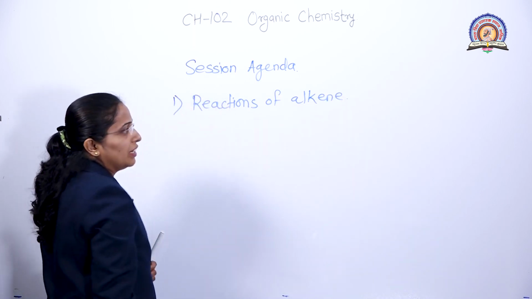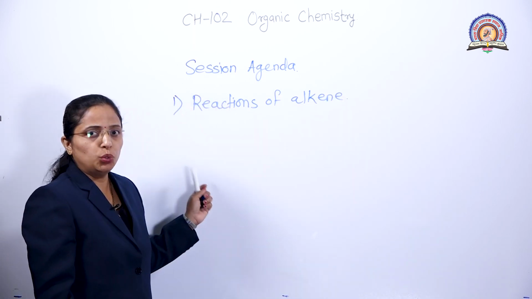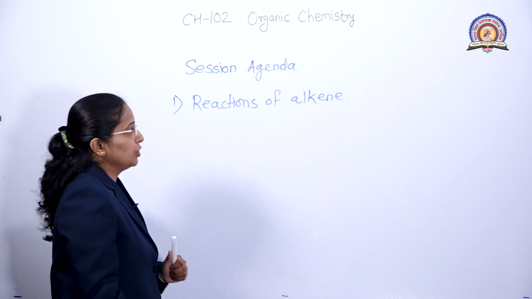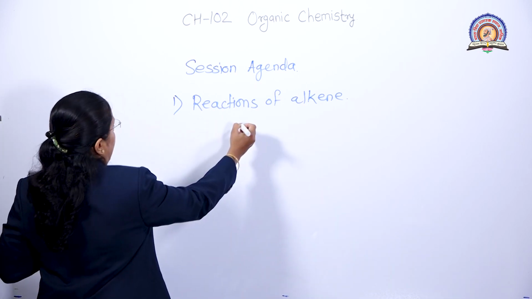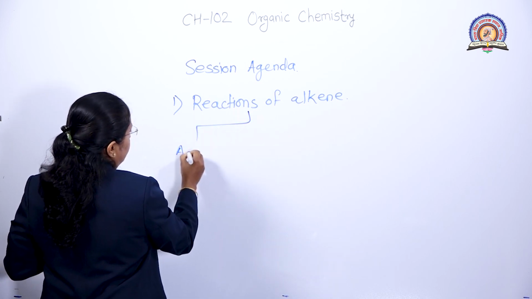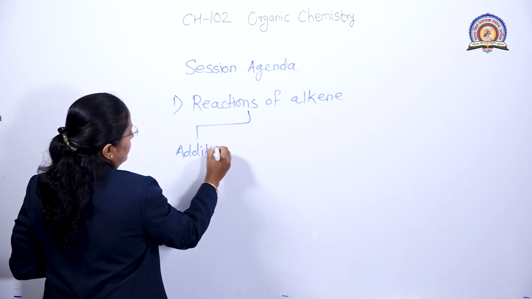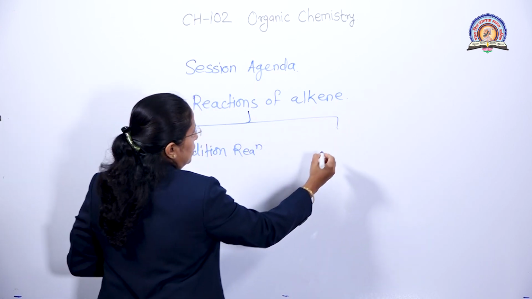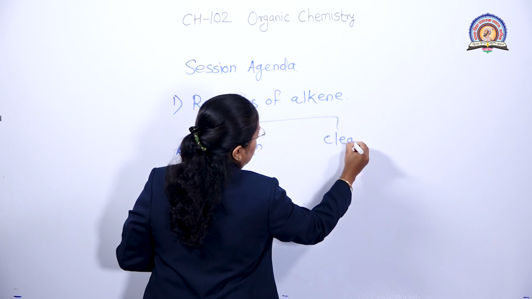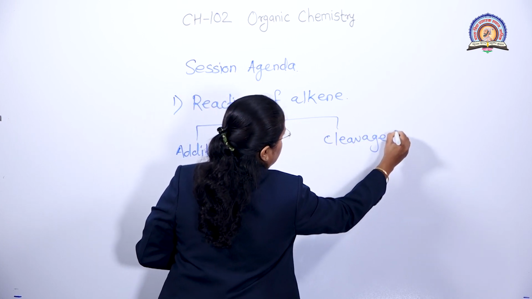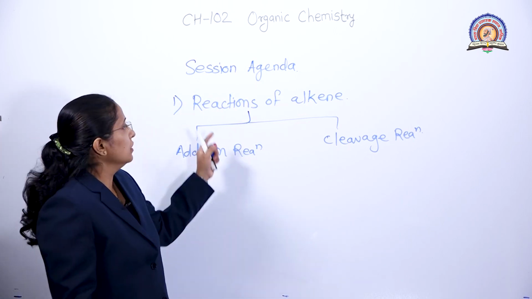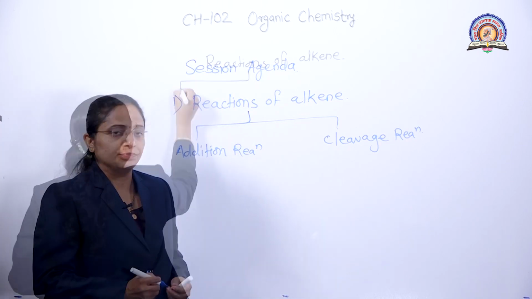These reactions of alkene are explained in two ways: the addition reaction and the cleavage reaction. By these two ways we explain the reactions of alkene.